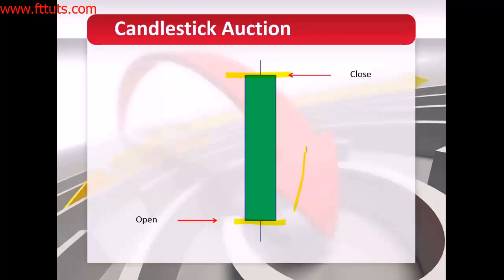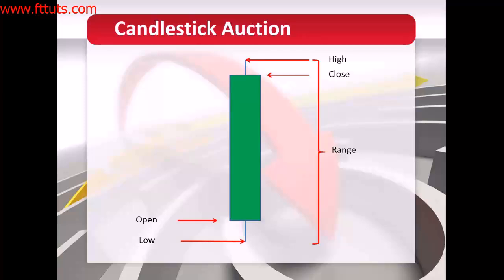We opened here, moved higher, and ended up closing up there. So it was a positive or a bullish session. We know that much. And we also know the high right here, and we know the low, and of course, just as we did with the bar, we're able to identify the range, the total price movement or range of price activity throughout the entire session.